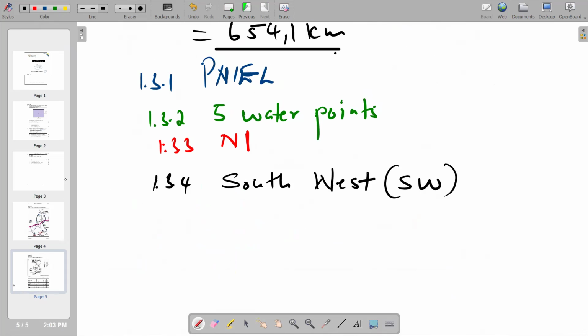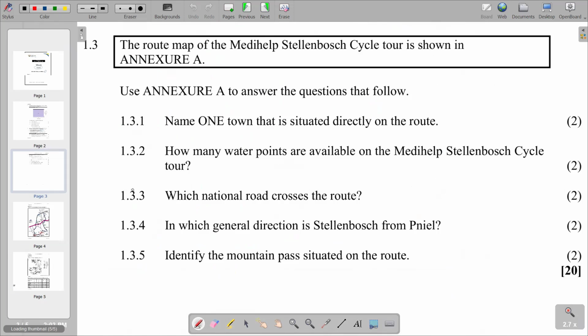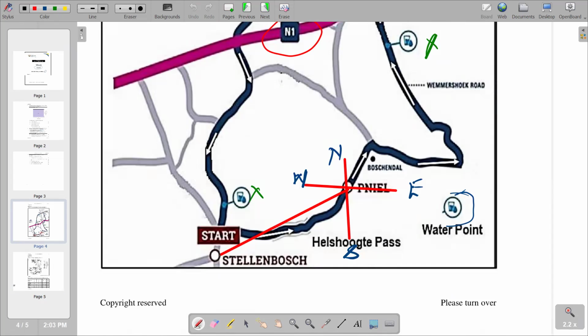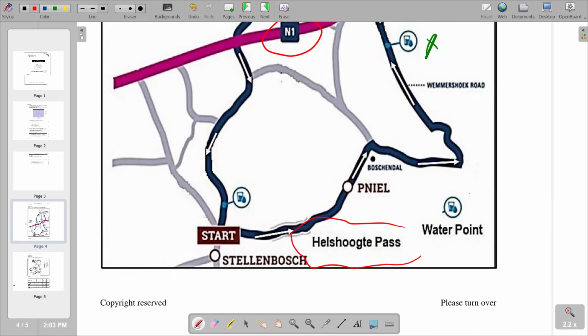We check in terms of the last question that we have. Identify the mountain pass situated on the route. Mountain pass, we can see that according to information given, we can clearly see that the mountain pass is given here, which is the Hell Showgate Pass.